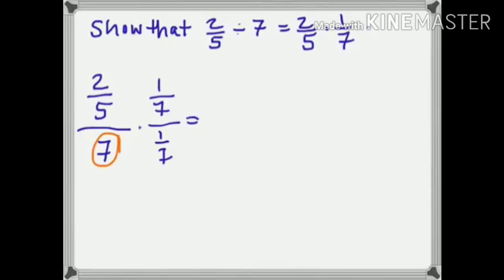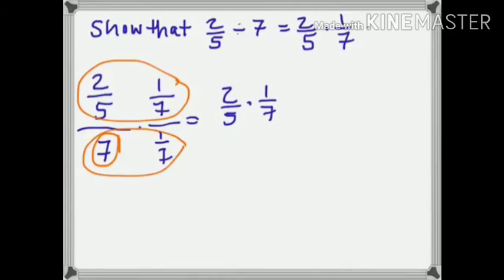Alright, so in the numerator, I could work that out and get an answer, but I'm just going to leave it as the multiplication problem. Right, 2/5 times 1/7. Okay, so that takes care of this part. And then in the denominator, I've got 7 over 1 times 1 over 7. Alright, so 7 times 1, that's 7.